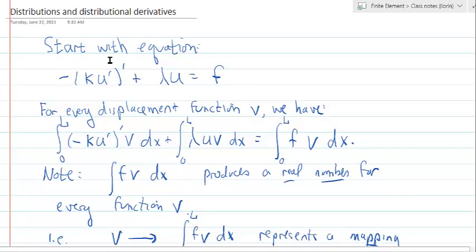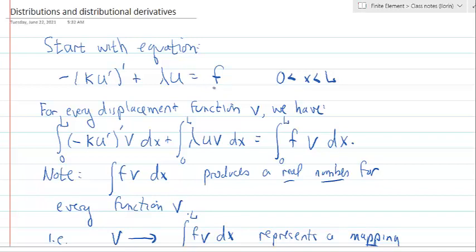Let's start with this equation, which we derive from the consideration of heat flow in a rod. Remember that u is a function of x, kappa and lambda and f are functions, and here this is for x between 0 and L. Now we mentioned that this equation can also describe the displacement of a string.